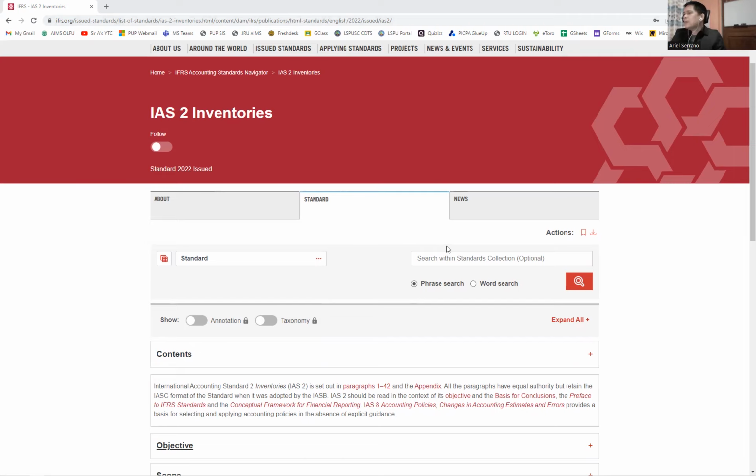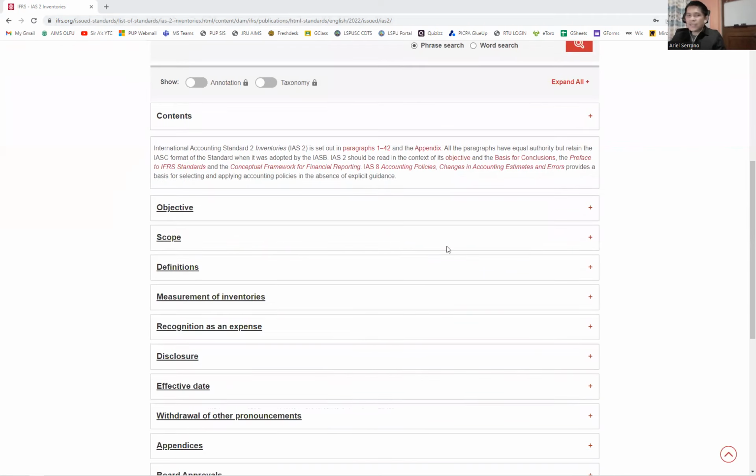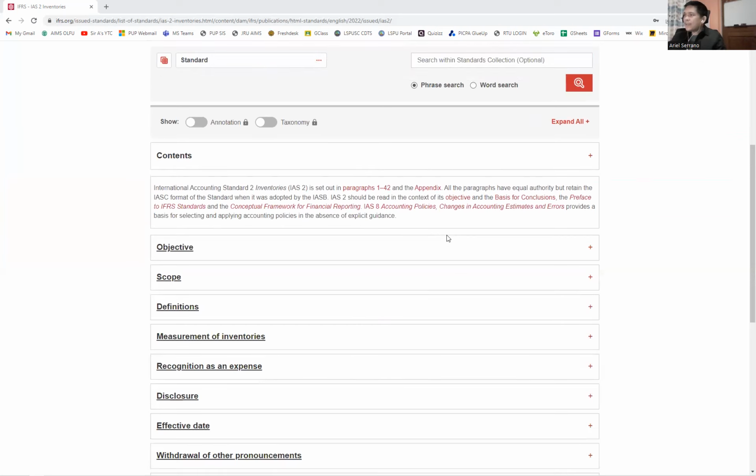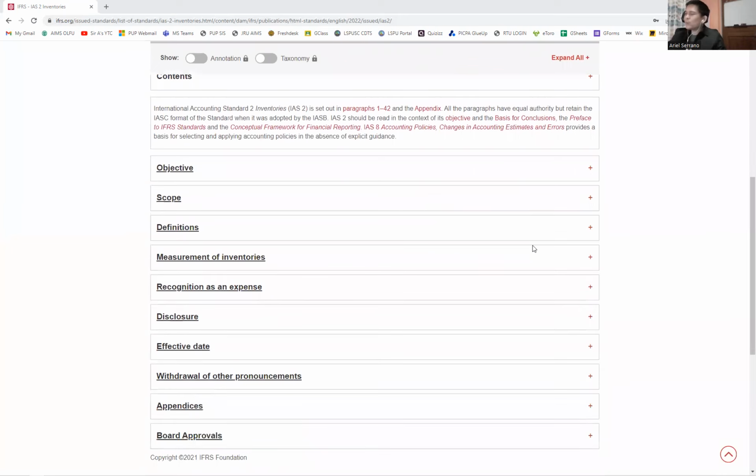Of course, mga kapatid, hindi naman po natin iisa-isahin ang mga paragraphs na nandirito sa IAS 2. We will only capture, highlight some of the key paragraphs that we will need. Yung mga kinakailangan. So, hindi po natin ito iisa-isahin, don't worry.